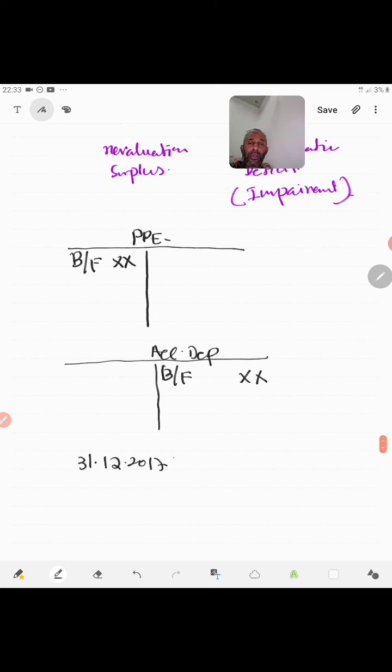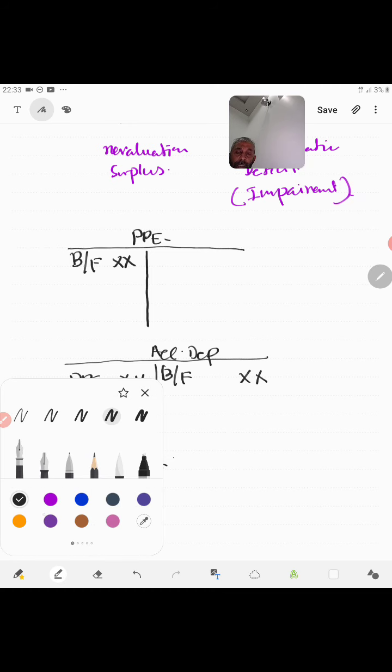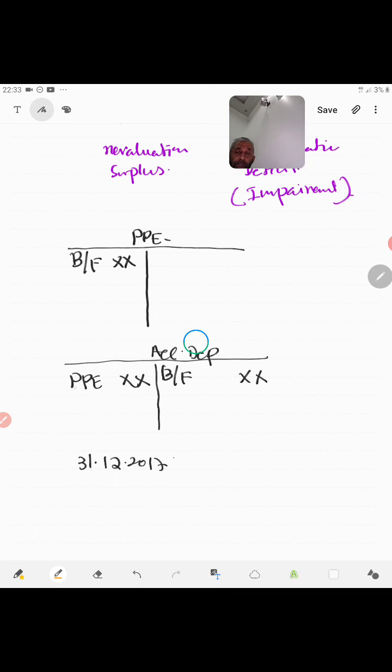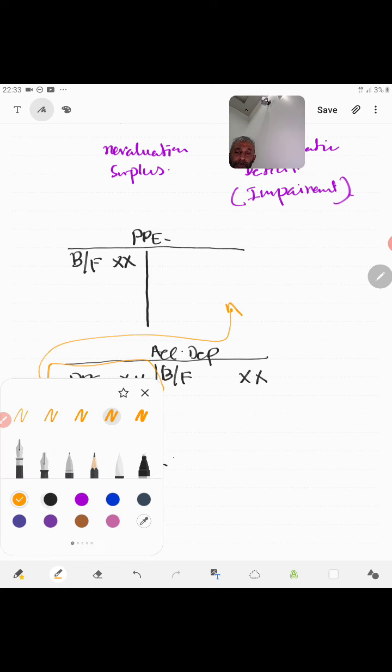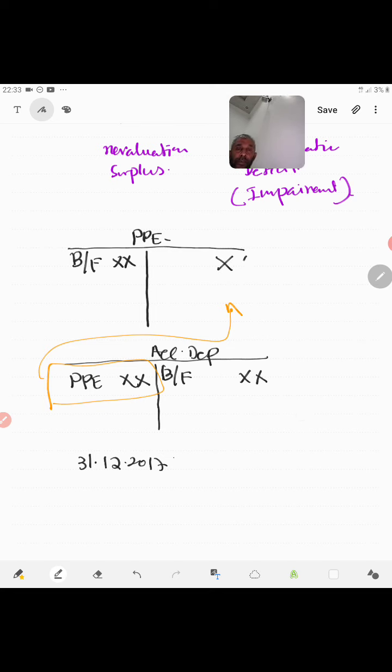After all accounting entries required for depreciation and any other things are passed, what you do is you close this. You have to close this and transfer this to PPE. So the first entry, this amount will be taken to here, and there you will record this, and that is coming from accumulated depreciation.